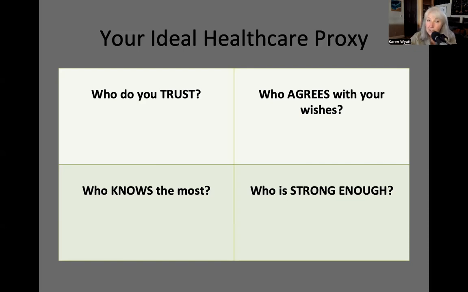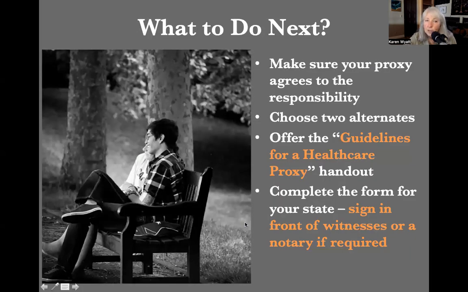Also, the person you ask, first of all, to do this for you may not want the responsibility, may say no. So it's helpful if you have a few names on the list that you can call upon to do this for you. So what you need to do next is make sure that your person agrees to the responsibility. The person that you're thinking of, you have to have a conversation with them.